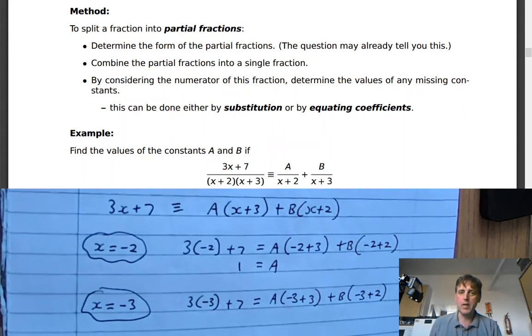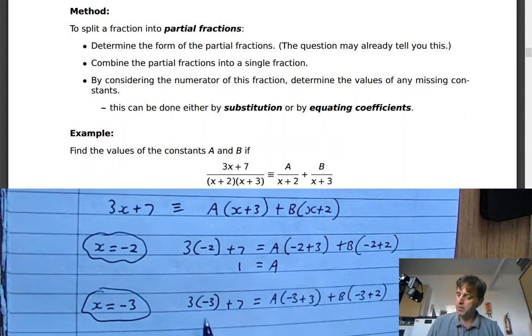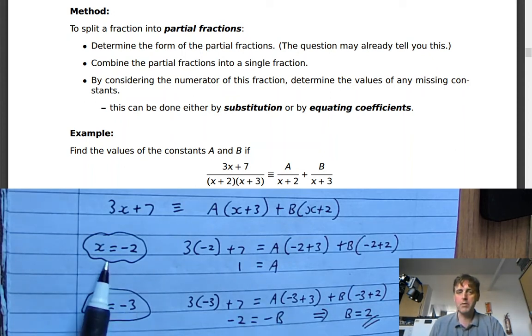And then just simplifying this down, what do we end up with then? -2 on this side. This term cancels out, and we just end up with -b here, which means that our value for b must be 2. And we've answered the question. Okay, so do you see how that works then? We've got our value of a and our value of b by choosing some suitable values of x to substitute in.